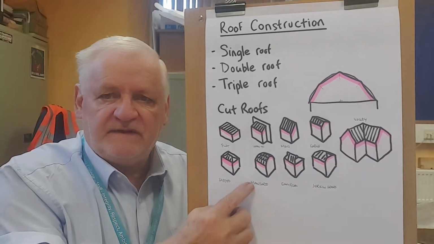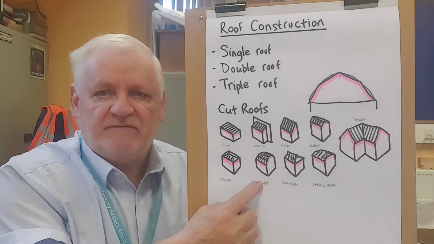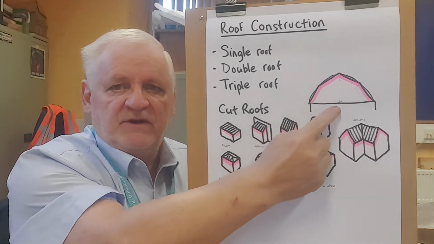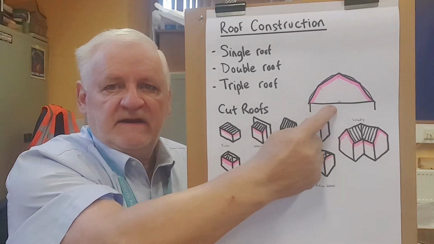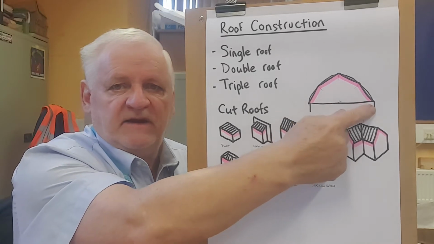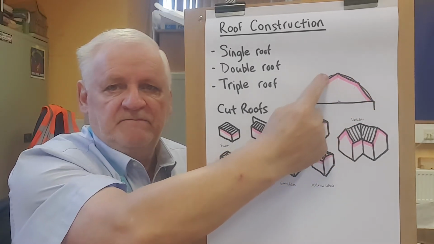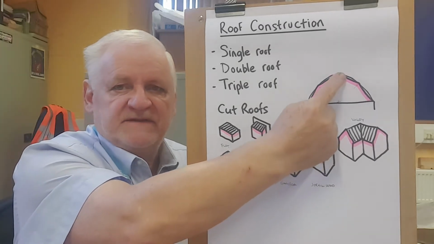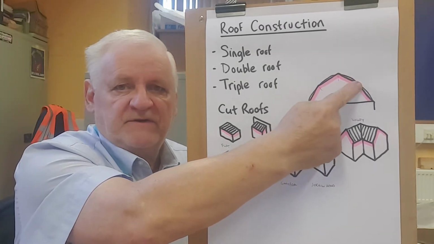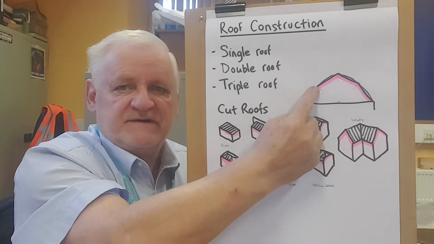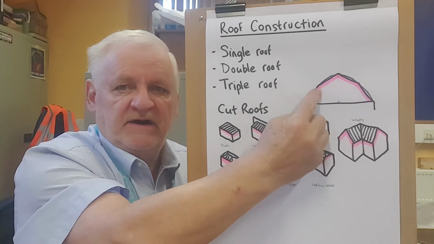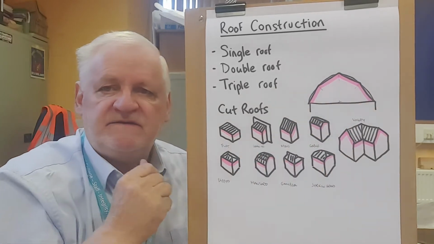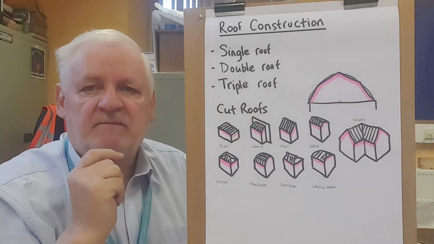Then we have the mansard roof. Now the mansard roof, I've drawn that a little bit more carefully for you. If you can imagine, this is the roof here, and halfway through we take a compass and we swing a circle of the compass right round to the other side, and then at the top and halfway across there and halfway across there we draw a straight line, another straight line, another straight line, and another straight line, and that gives you the shape of a mansard roof.